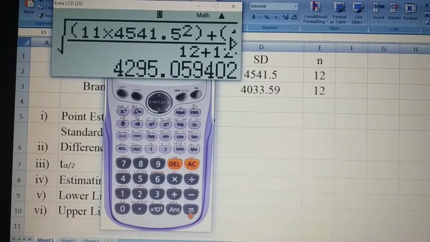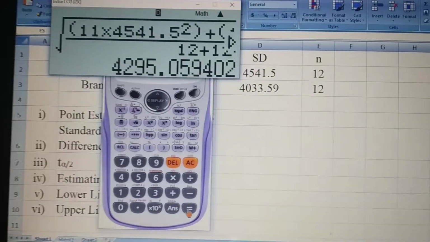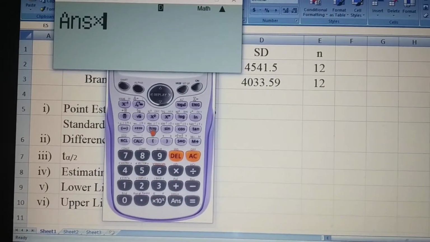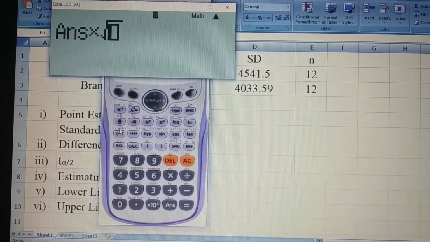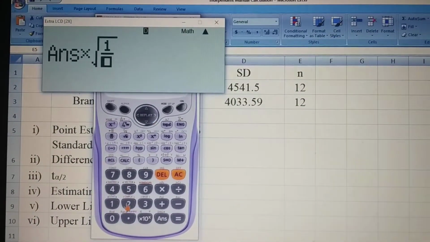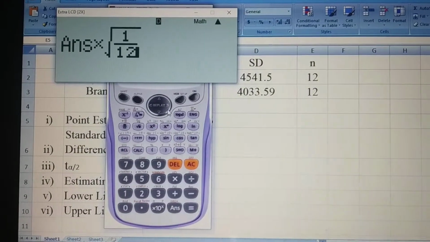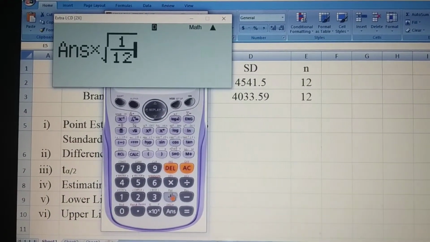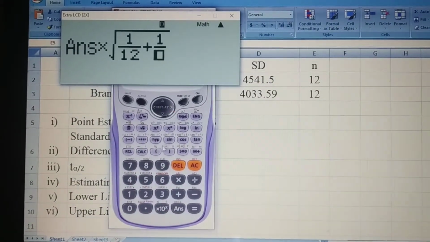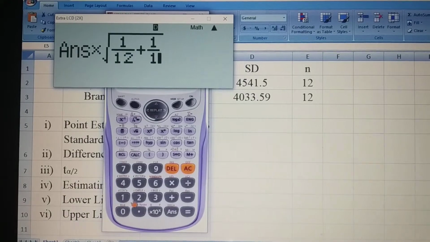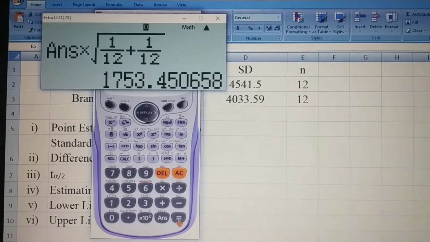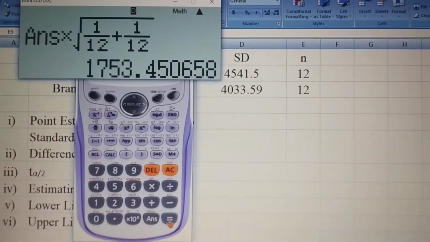If we multiply this value of sp, 4295.05, by under root 1 upon n1, 1 upon 12, plus 1 upon n2, that is again 1 upon 12, we get the value of SED, 1753.